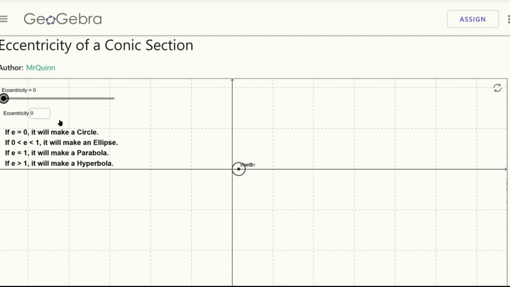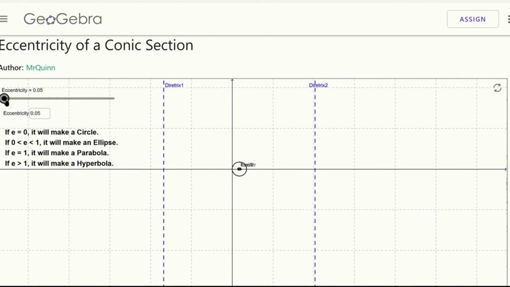As we start increasing the eccentricity slowly, notice as soon as we go above 0, we start getting an ellipse, but it's still quite circular.